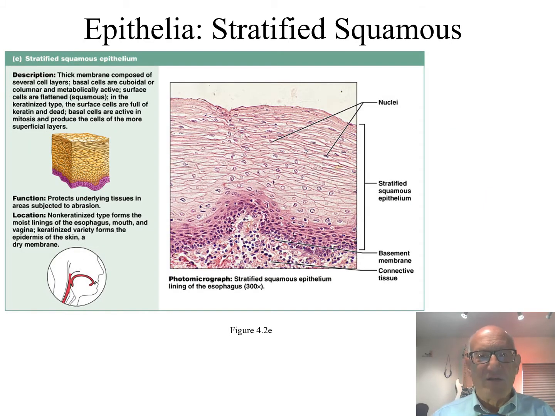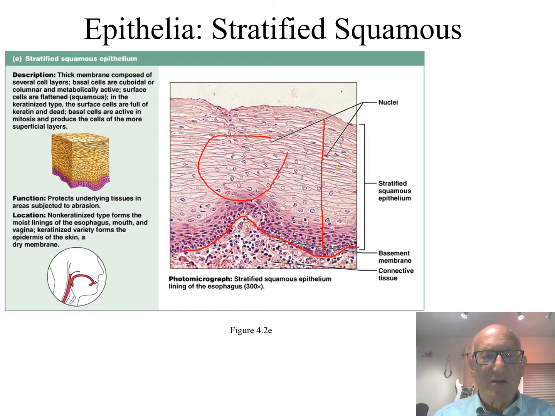So stratified squamous epithelium looks something like this. We have a layer of cells down here at the bottom that's constantly reproducing. It can be called the basement membrane. It can also be called the stratum germinativum. Now the cells are reproduced down here, and as they mature, they move up towards the surface of the skin.